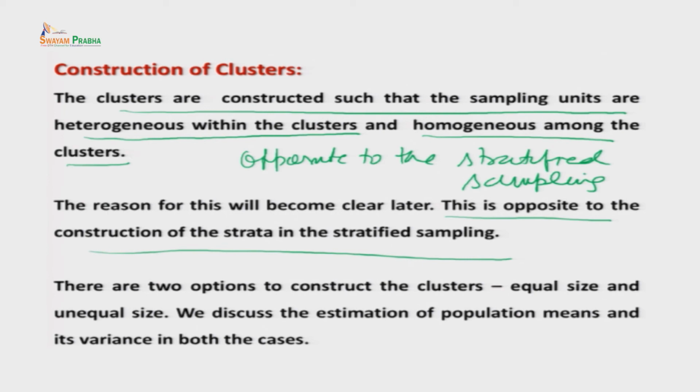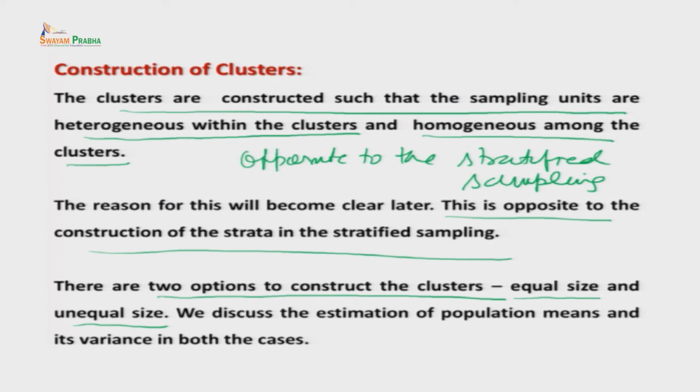Now, once we have understood this, we have to construct the clusters. So we have two options. First option is that all the clusters are of the same size, or all the clusters are of different sizes. So we will have two types of cases, equal size and unequal size clusters. First, we will take up the issue when we construct the clusters of equal size.